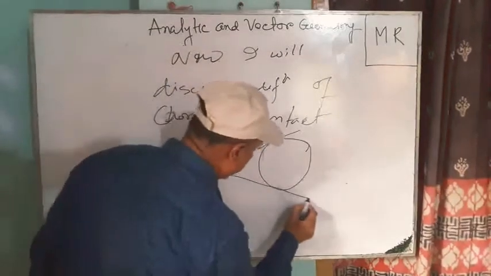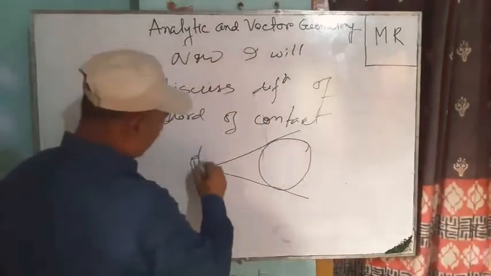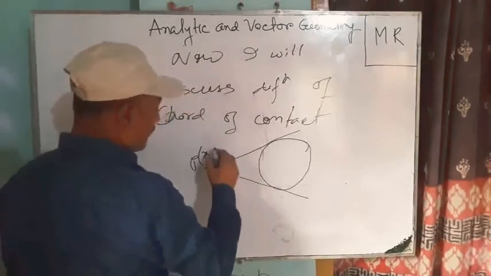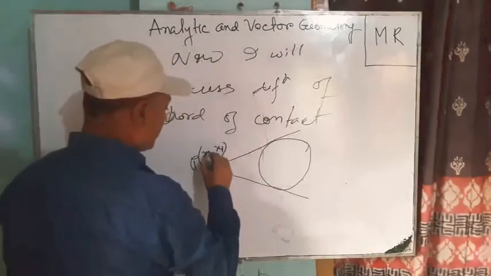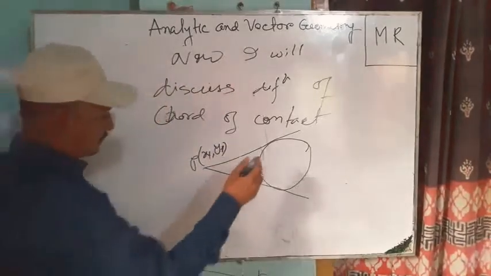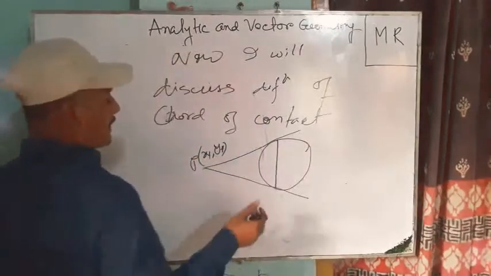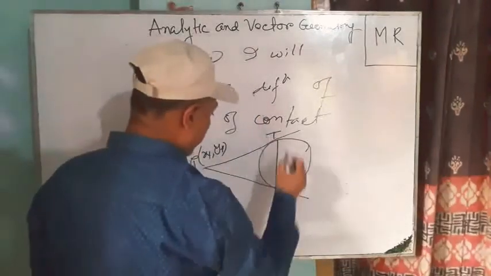The tangents are drawn from a point P(x1, y1) to the conic at T and T dash.